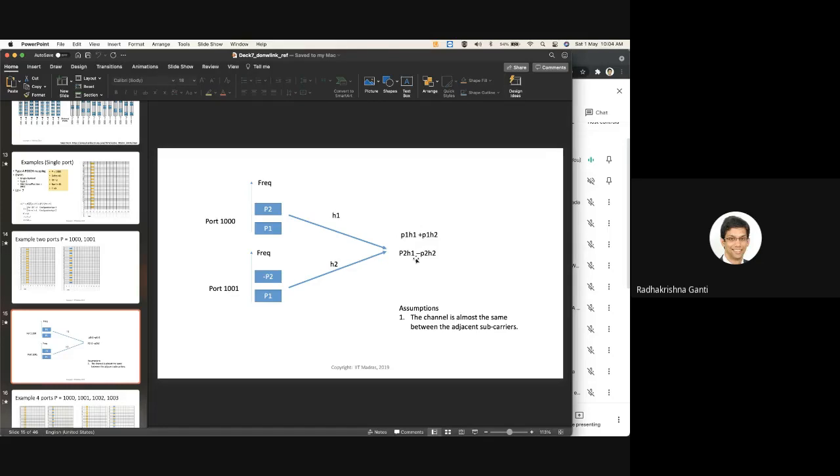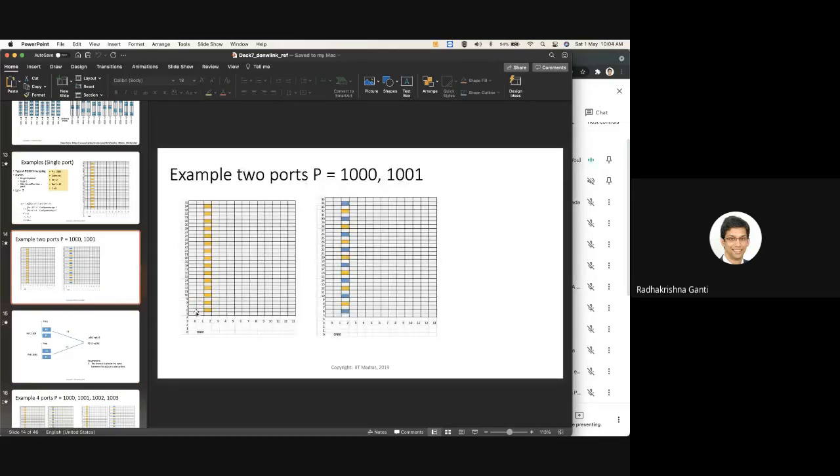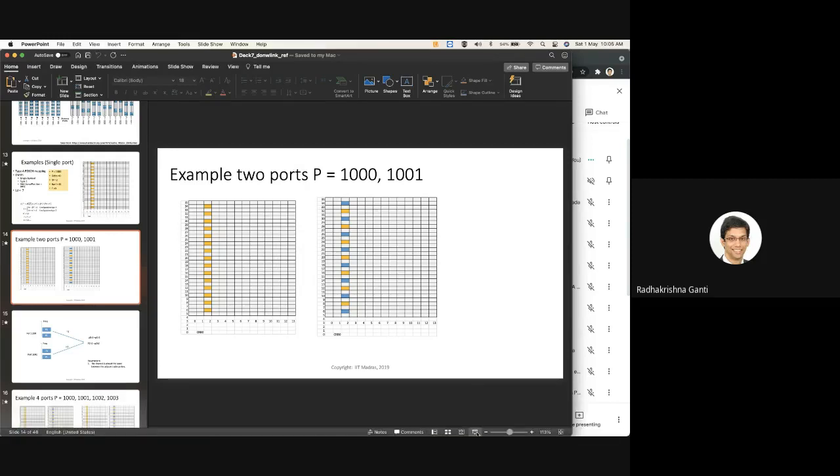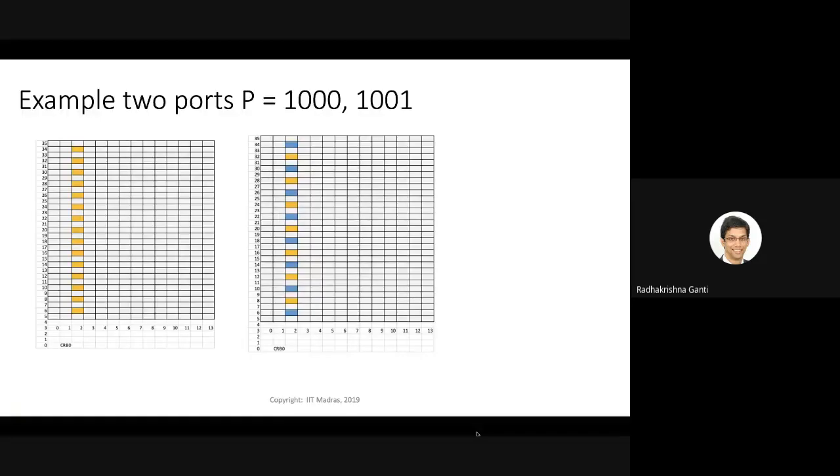You can solve for H1 and H2. The assumption is that the channel remains constant across these 2 subcarriers. So in these 2 locations and these 2 locations, your channel is constant. So you understood how you send it across 2 ports.